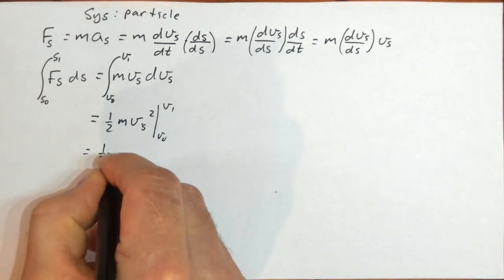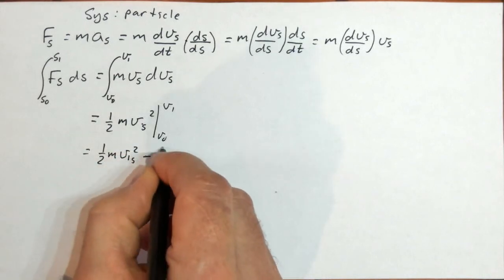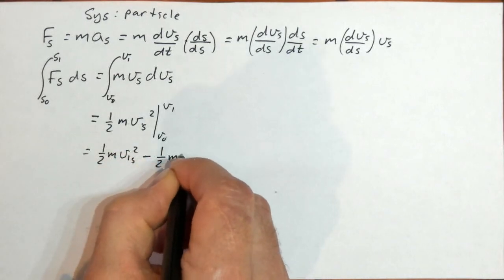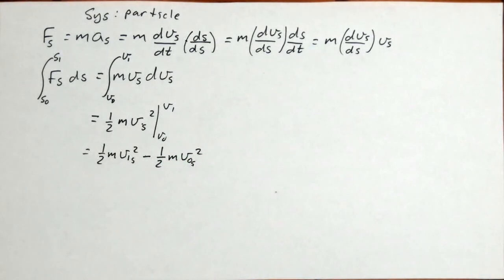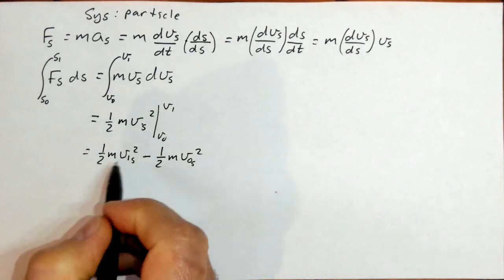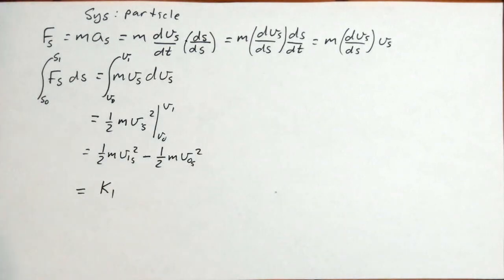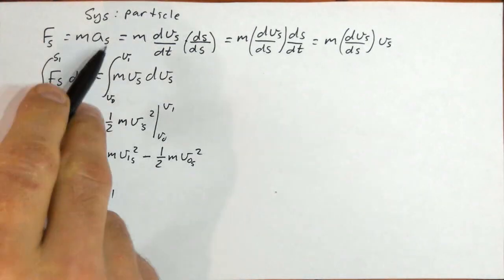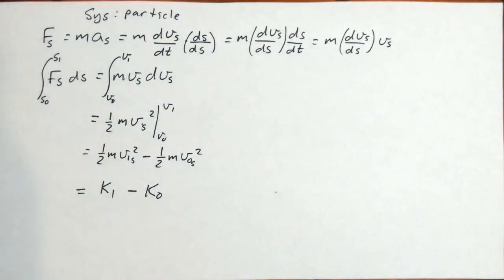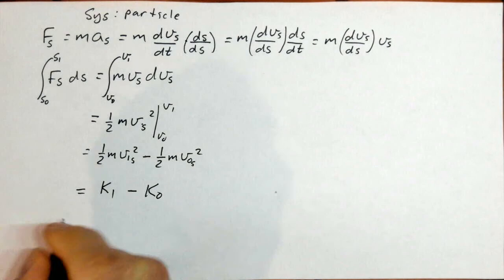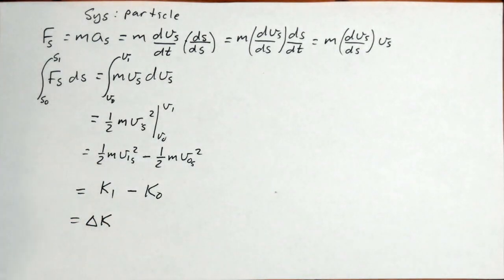I insert the top limit, which becomes v_1 squared, then subtract the value at the bottom limit, v_0 squared. This quantity is what we call the kinetic energy. That's K_1, the kinetic energy of the particle at its final state, minus K_0, the kinetic energy at its initial state. In other words, this is the change in kinetic energy of the particle.